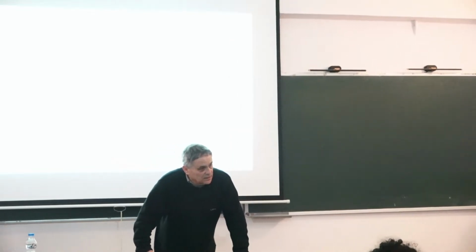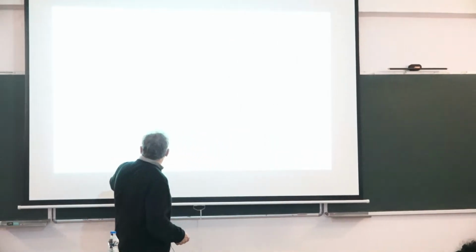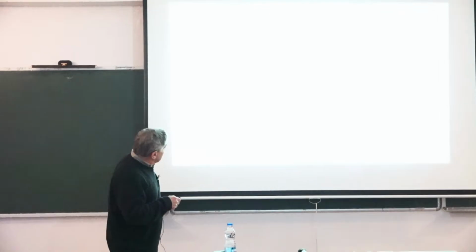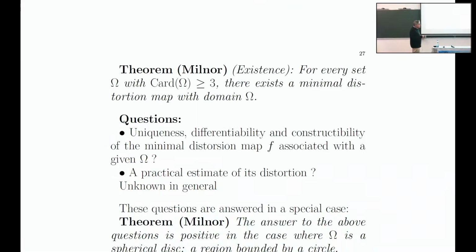This is the theorem here for existence. You have to prove this. So for every set, if the cardinality is at least 3, then there exists a minimal distortion map. This needs a proof. In fact, if you read the proof, it's really very complicated elementary topology. He has the map first on a countable set of points, and then he has to show that he can extend and so on. It's really topology.